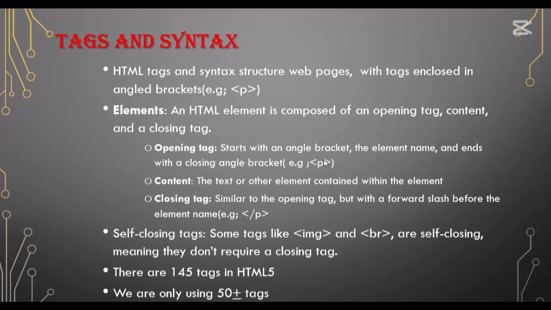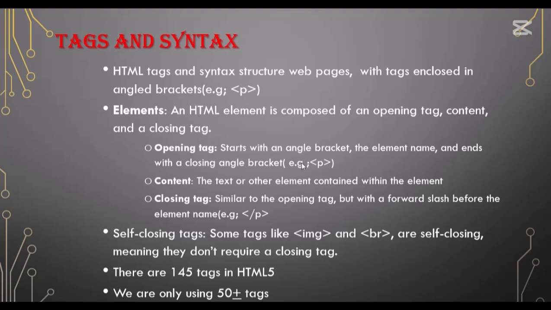So this is the angle bracket to open it, the element, and the ending bracket, not the closing bracket. So people usually take this as the closing tag. It's not. This isn't called the closing tag. It's called just the closing bracket of the opening tag. In your elements, you want to have some content in it. That's the text or other elements which are going to be contained within the element.